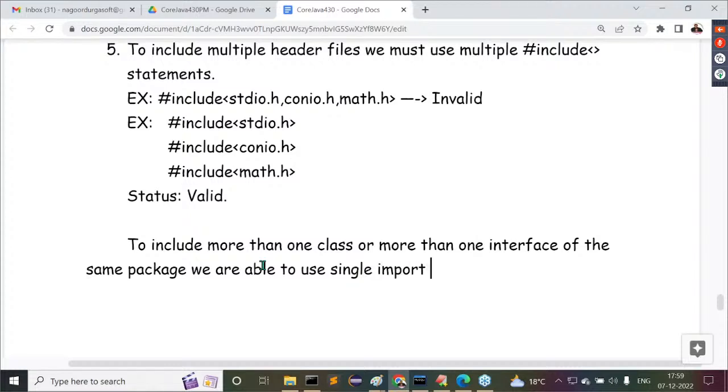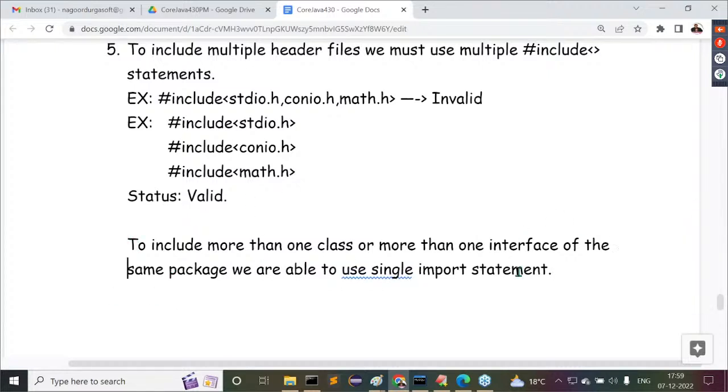Guys, observe carefully what I'm telling you. It is sufficient to use a single import statement.